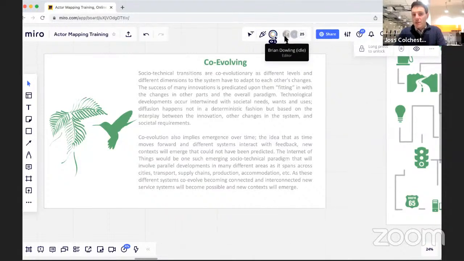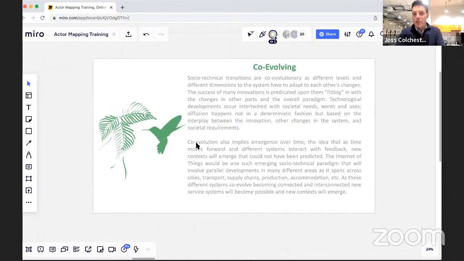Technological developments occur intertwined with societal needs, wants, and uses. Diffusion happens not in a deterministic fashion, but based on the interplay between the innovation, other changes in the system, and socio-technical requirements. So it's very much like in nature, right?